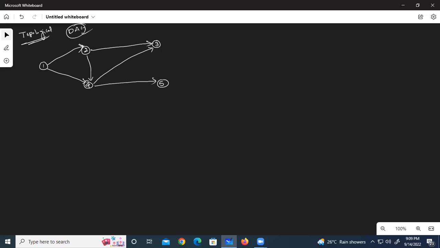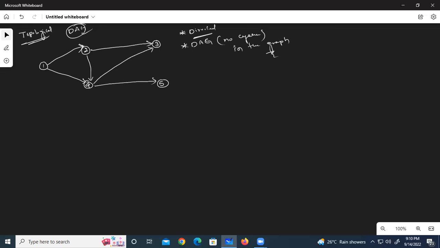One thing you have to understand: it must be a directed one, because we have to visit each vertex. And DAG is nothing but no cycles in the graph. Okay, I think everything is okay.